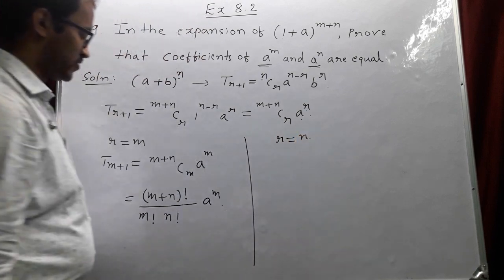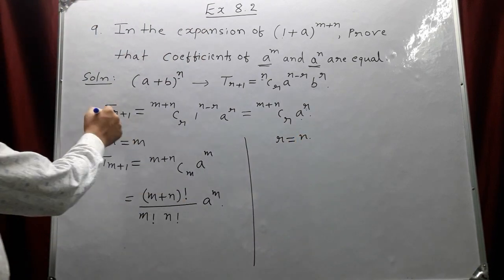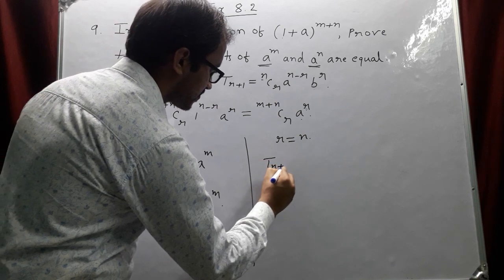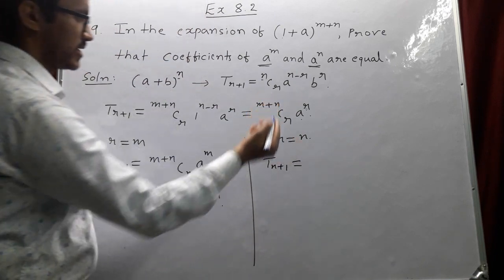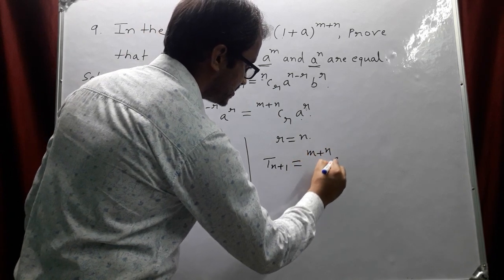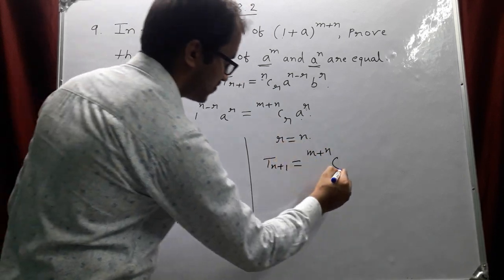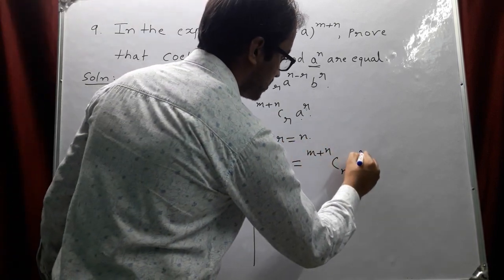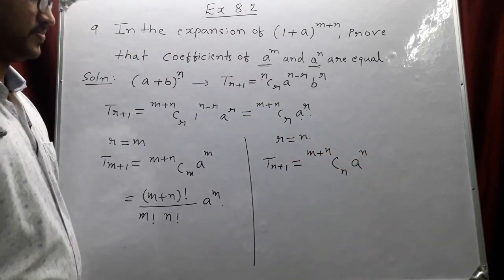So if you substitute r is equal to n, what will we get? T(n+1) is equal to (m+n)C(n), in place of r we are taking n, into a power n.